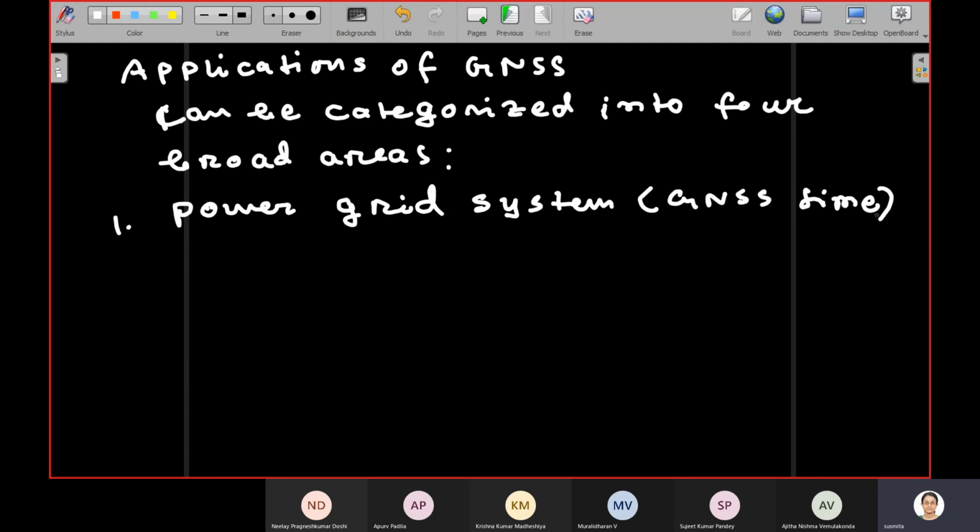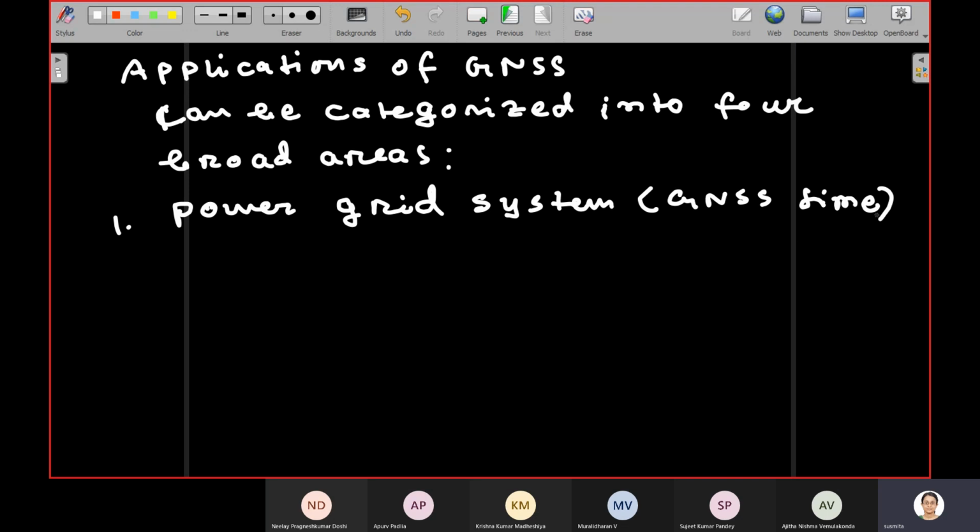Another reason is that the power grid systems have generators that produce power, or alternating currents. The alternating current produced by a generator must be synchronized in phase with all other generators. It cannot be that one generator generates alternating current that is out of phase with some other generator. All the alternating currents of different generators must be phase synchronized.